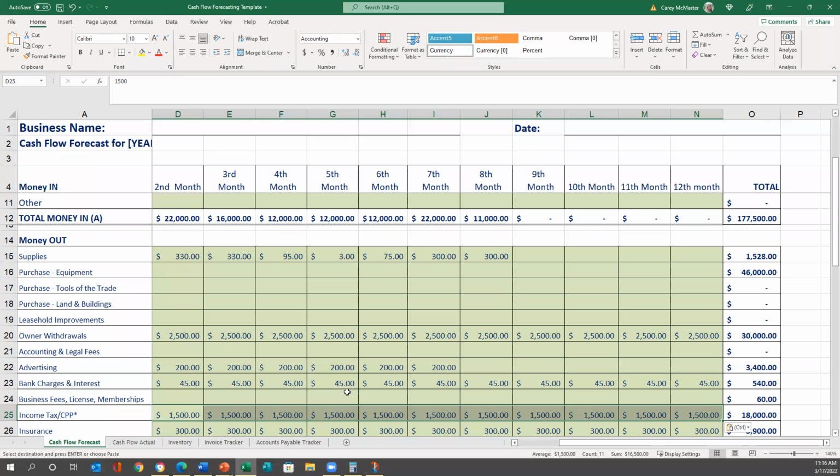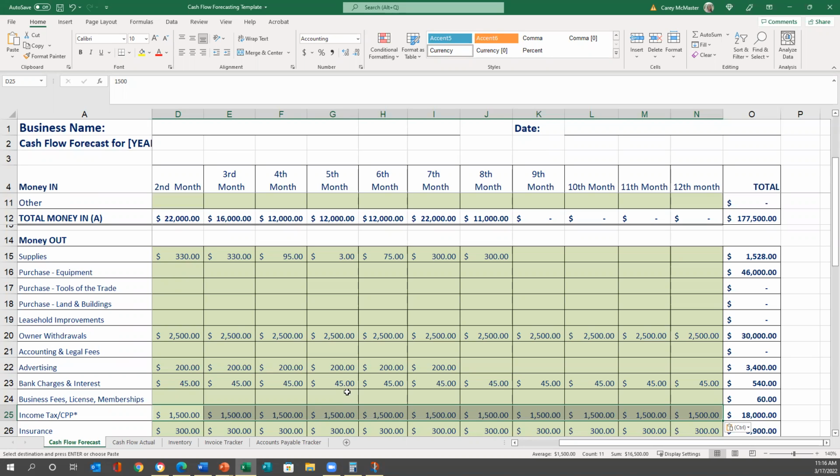And what happens if it's in your commercial account is your mindset thinks you have money in the bank to buy products or to buy equipment or to pay yourself. And at the end of the year, when it comes time to paying your HST and your taxes, you don't have that money in the bank to pay them. So not only is there penalties, but they also charge interest.